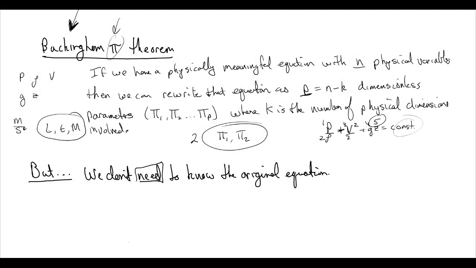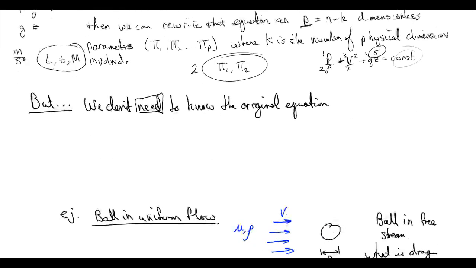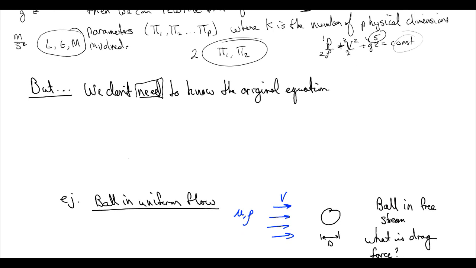So imagine now, for example, let's go back to Bernoulli's for a second here. Let's say we have a problem where we know that when we vary the pressure, stuff happens. We know that the density of the fluid is important. We know that the velocity of the fluid is important.